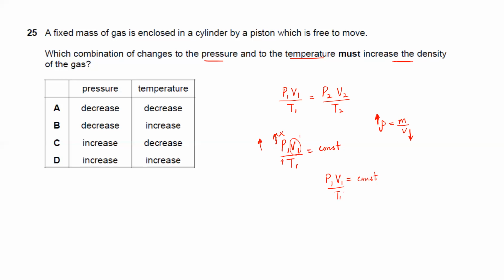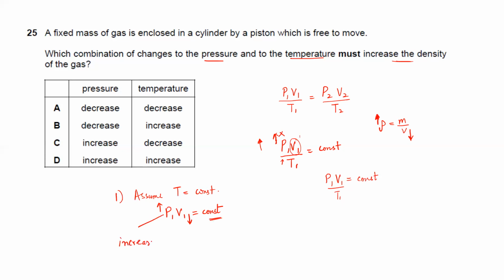A combination of both may be required. First case, assume T equals constant. For a constant temperature, what happens? P1 V1 equals constant. So if I increase the pressure, my volume decreases and my overall system remains constant. So an increase in pressure is what I need.